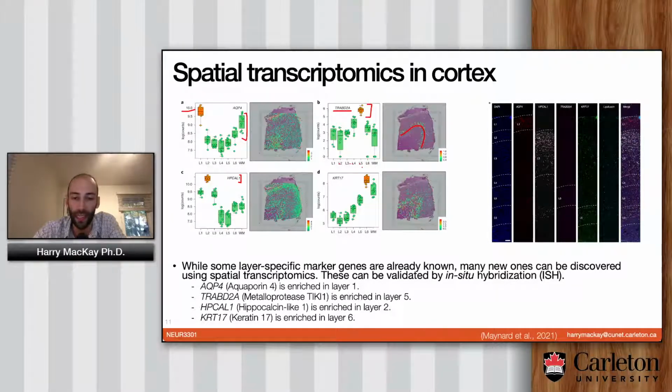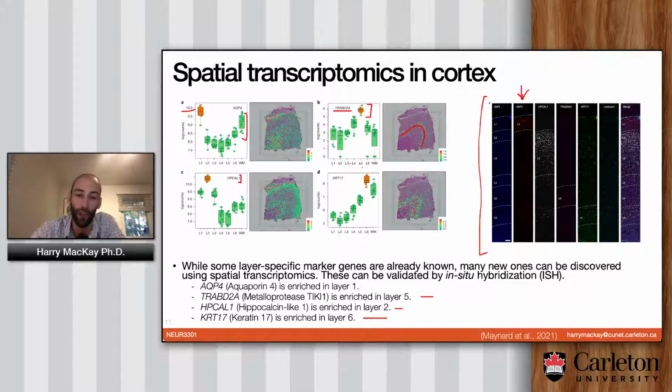And then after they went through the entire genome and had a kind of catalog of new layer-specific gene expression discoveries, they could come in and use in situ hybridization, which is a technique that measures gene expression in slices of tissue using complementary RNA probes. They were able to show that yes, aquaporin 4 really is expressed in layer 1 of the cortex.